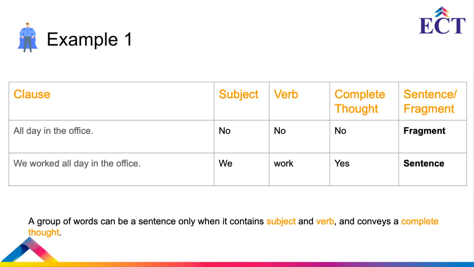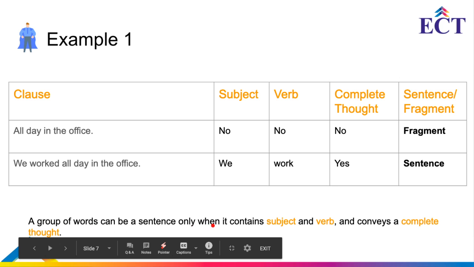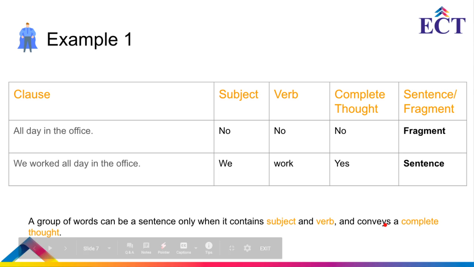You should not write fragments. We will study when we can use fragments, but that is at the end of the session. For now, when you are learning to write, please understand that you don't have to use fragments. A group of words can be a sentence only when it contains a subject, a verb, and conveys a complete thought. All right.